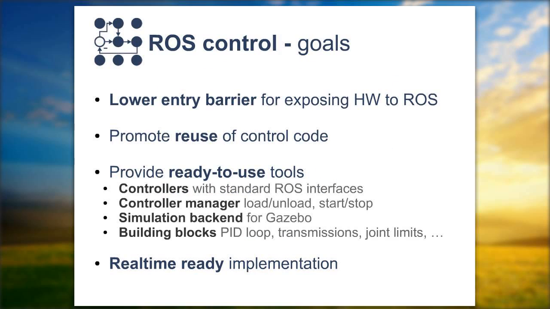We found that more often than not, the entry barrier for exposing new hardware to ROS is rather high, and this can be a rather frustrating experience. So one of the main goals of ROS control is to lower this barrier, and also to promote the reuse of control code in the same way that ROS has enabled the sharing of higher level code.